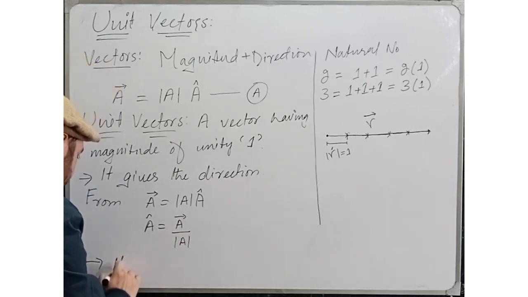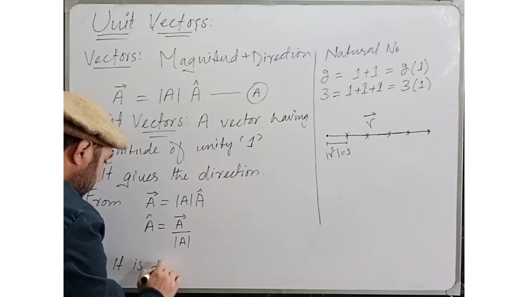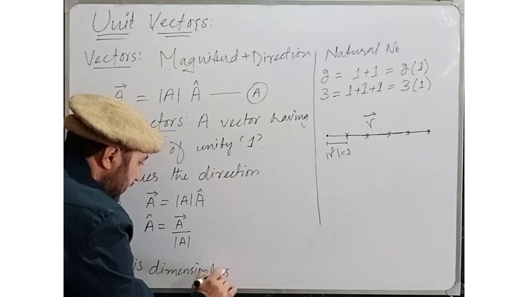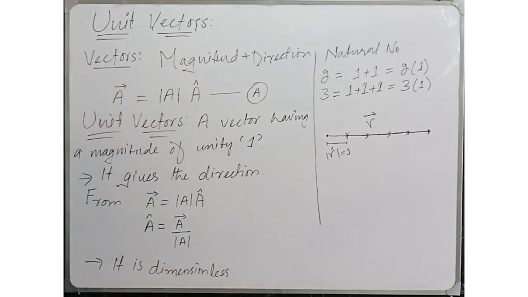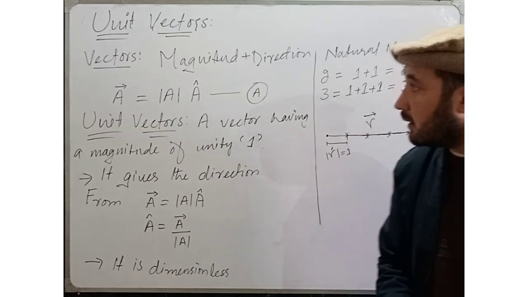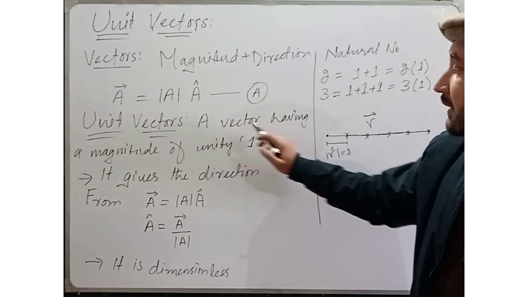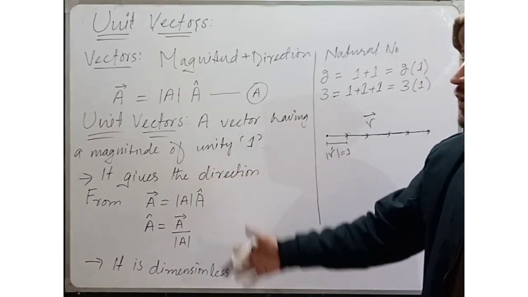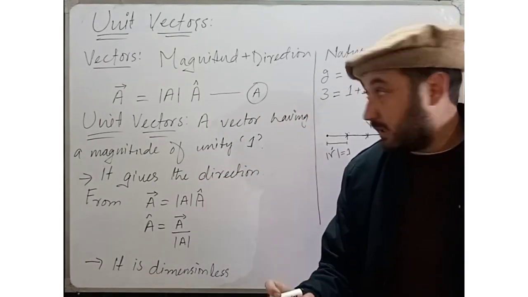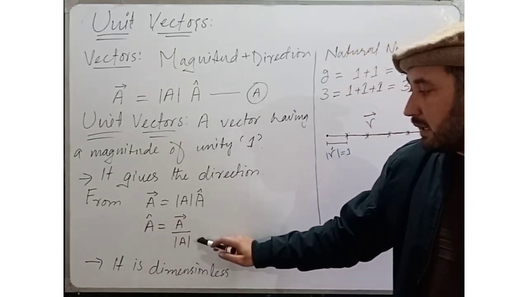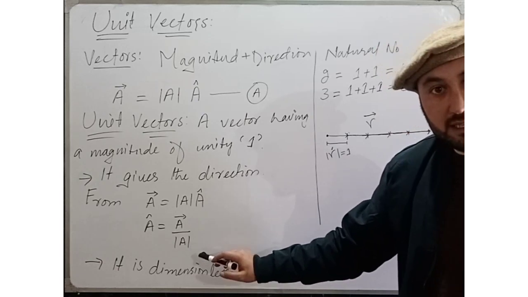So it has no unit, right? So far we discussed that unit vectors are such vectors which are used in order to represent the direction of a vector, and we can find a unit vector by dividing a vector by its magnitude.